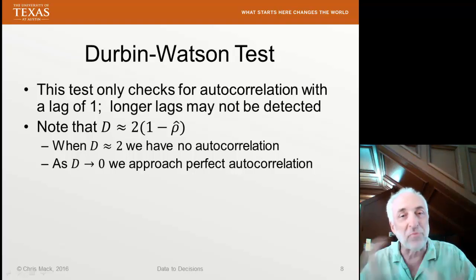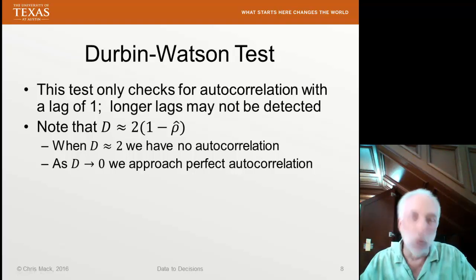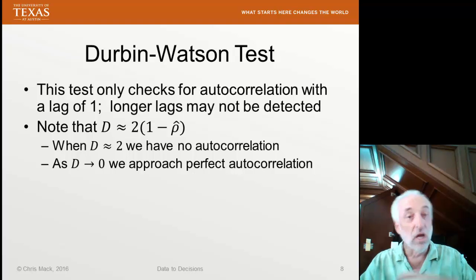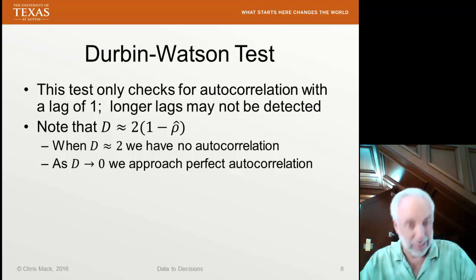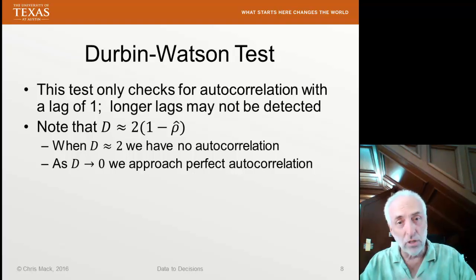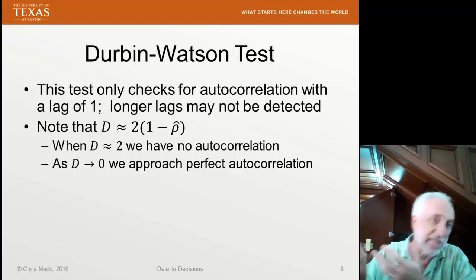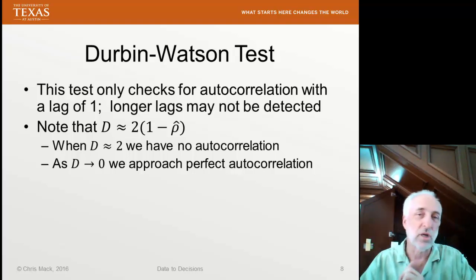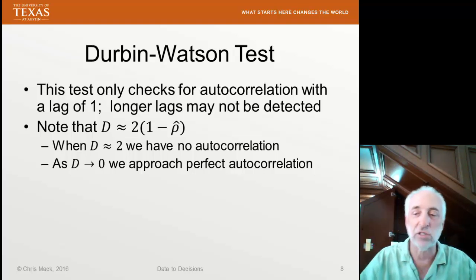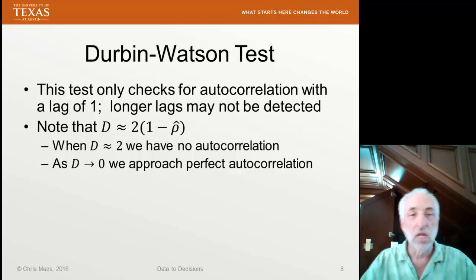So when D is about equal to 2, no autocorrelation. When D is getting closer and closer to 0, then we're approaching perfect autocorrelation. So that's kind of the range we look at. When D is getting close to 2, then we know there's no autocorrelation. As D gets smaller and smaller, we see more and more autocorrelation at work.